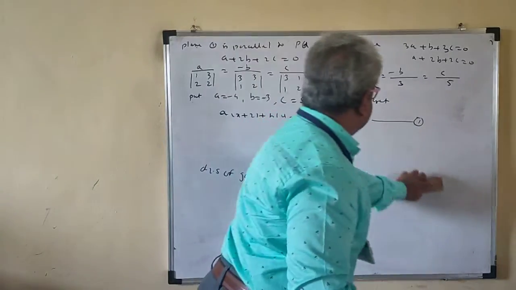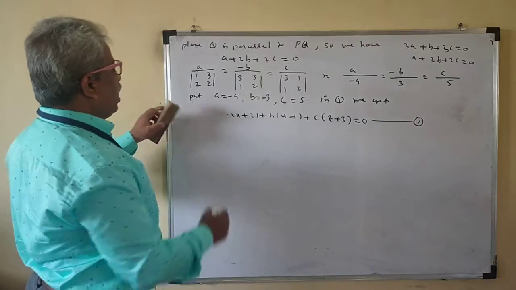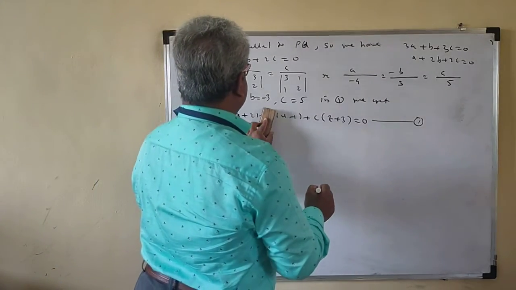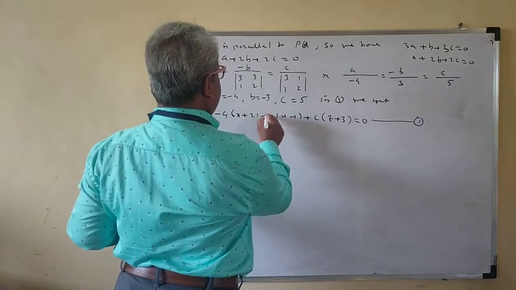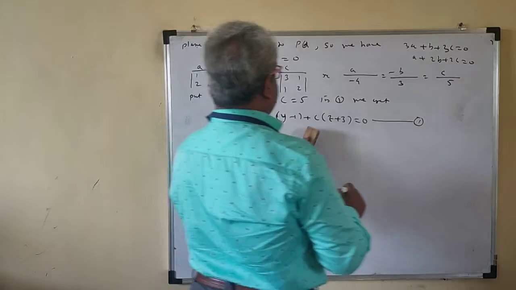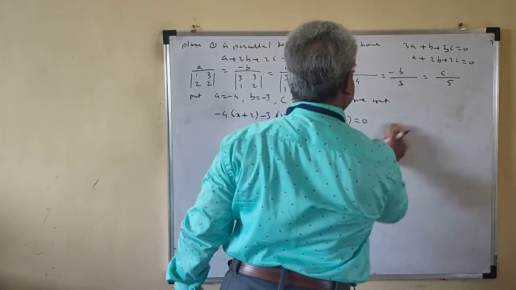So we put it here now. What is your a? a is minus 4. What is your b? b is minus 3. And what is c? c is 5. This is equal to 0.